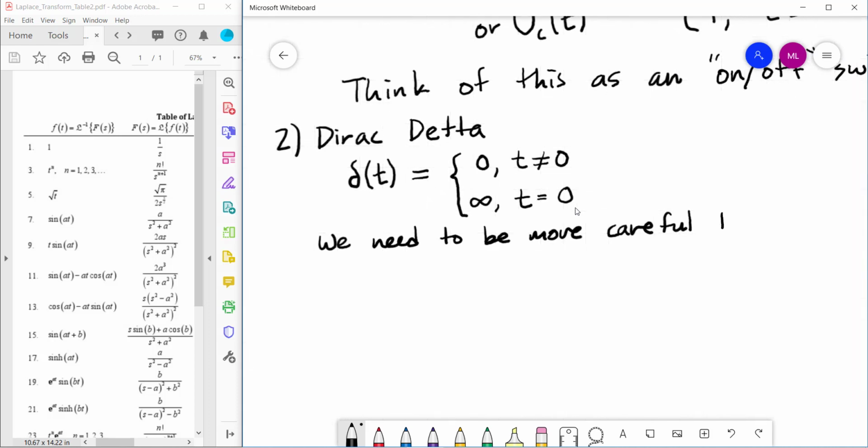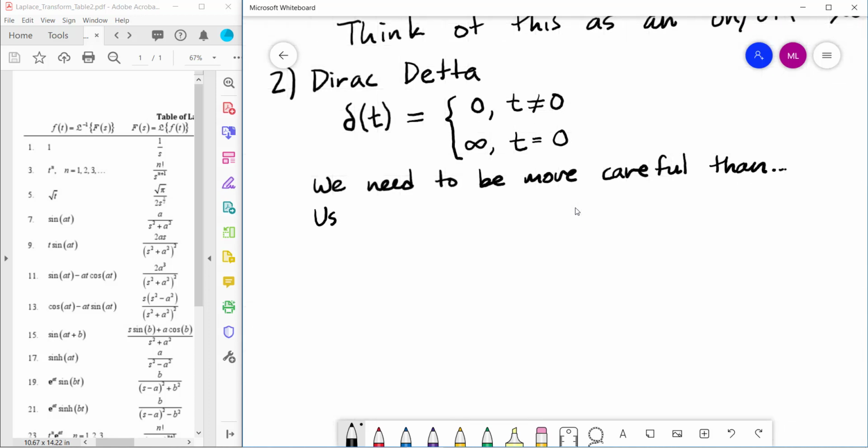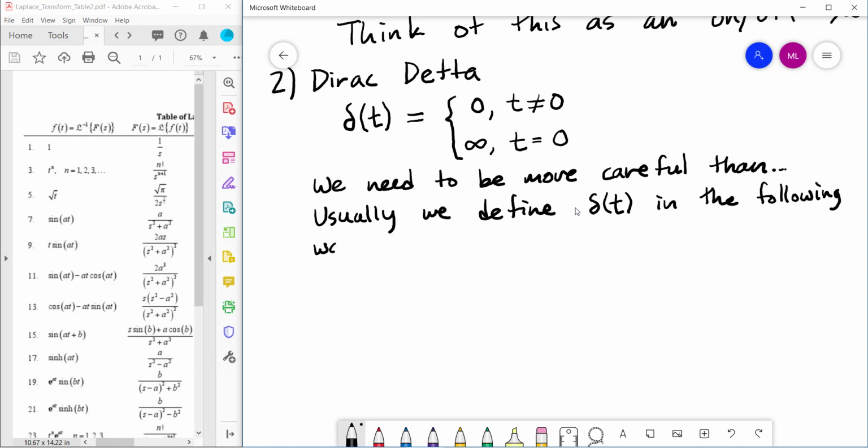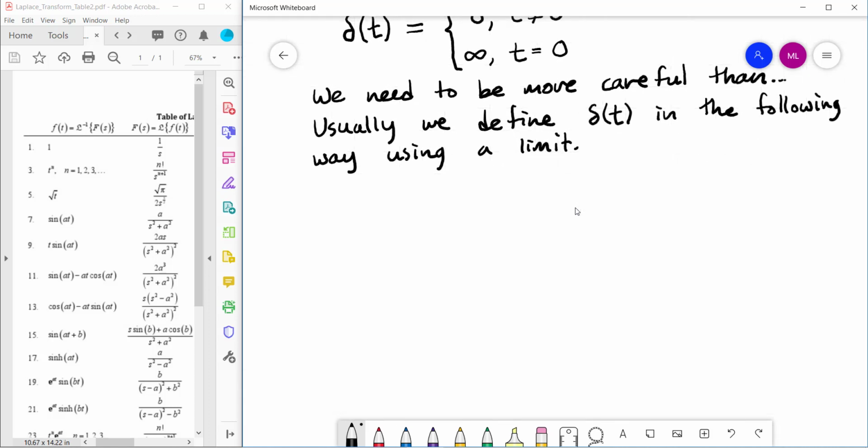The delta function is kind of a weird thing, and it's usually defined in the context of a limit. Usually, we define delta of t in the following way, using the limit. The idea is that we want to set up our graph.